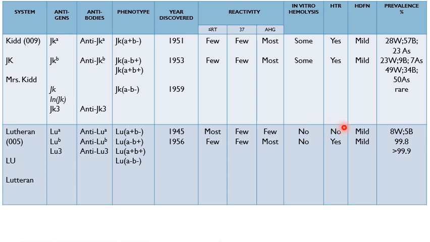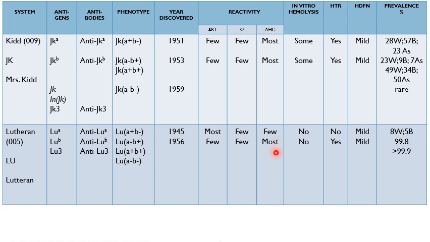They cause rare and mild delayed HDR. Anti-Lu-B react at room temperature because some are IgM and IgA, but most are IgG and react at AHG phase.